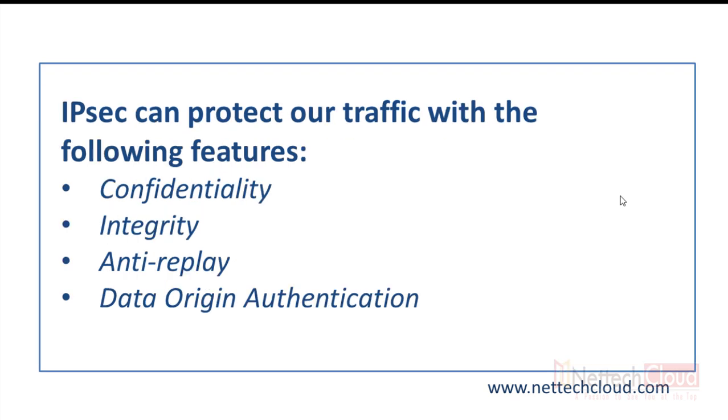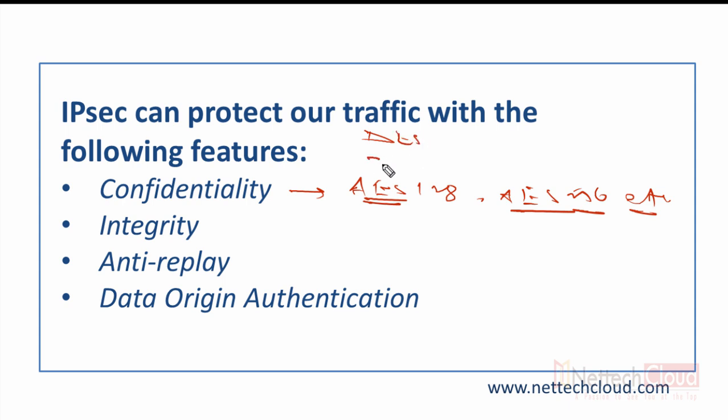IPSec can protect our traffic with the following features: data encryption, using AES 128, Advanced Encryption Standard with 128 bits, or AES 256, and there are other legacy methods like Data Encryption Standard and triple DES. They are very weak encryption, so not recommended in IPSec. Nowadays we prefer AES 256 to make data confidential.